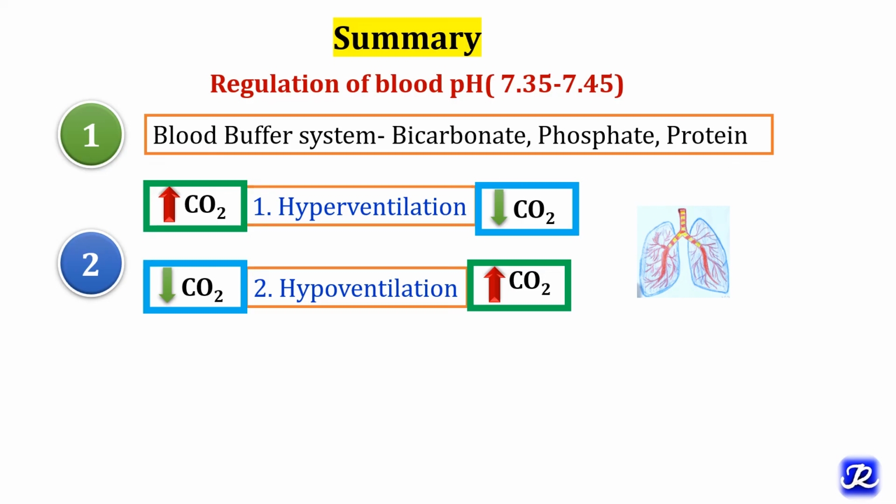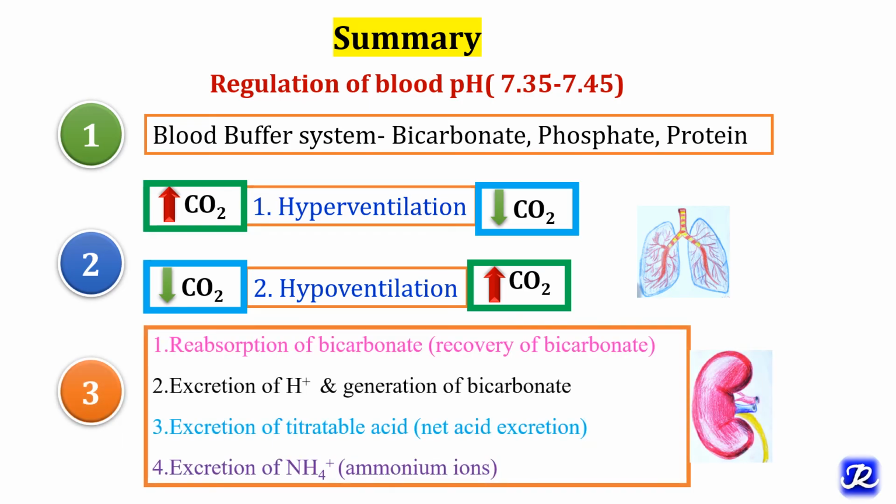And whenever there is decreased carbon dioxide or decreased hydrogen ion concentration in blood, it results in hypoventilation, and ultimately it leads to increased retention of carbon dioxide in blood. This is a short-lived mechanism because hyperventilation cannot proceed for a longer time.